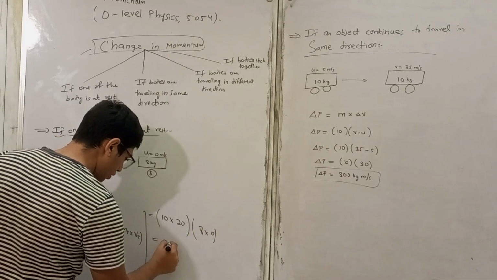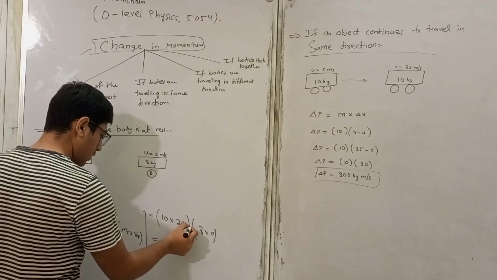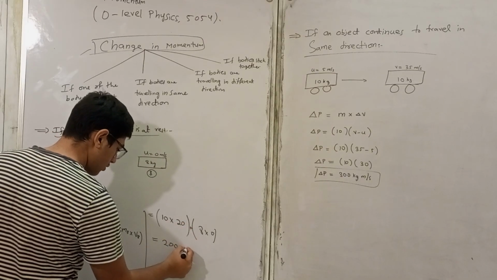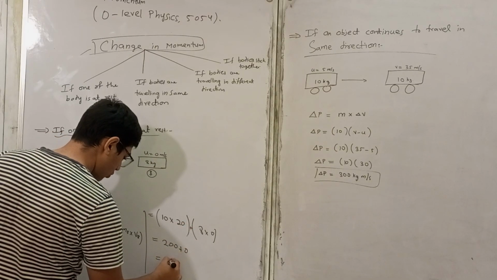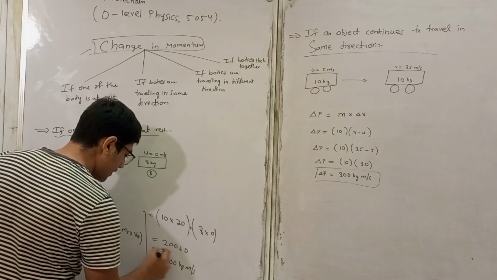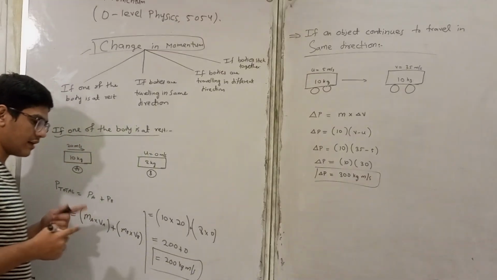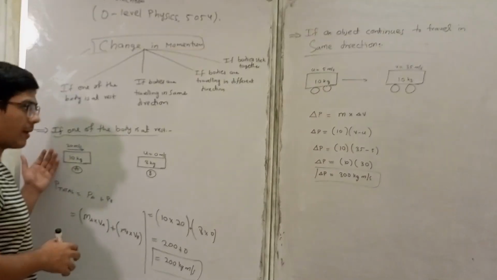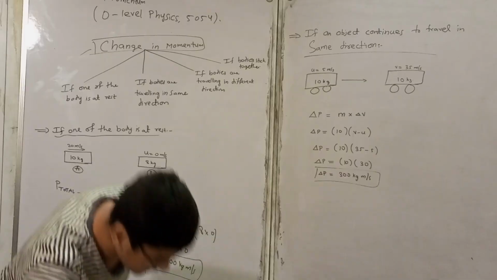So 10 times 20 is 200, plus 0. So total momentum will be 200 kg meter per second. So now you can see if one of the bodies is at rest, the total momentum will be the momentum of the moving body, as we can observe here.